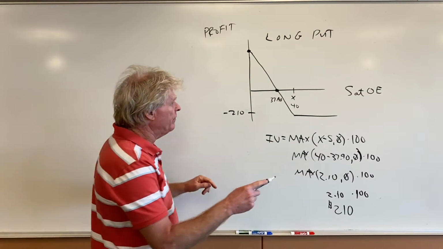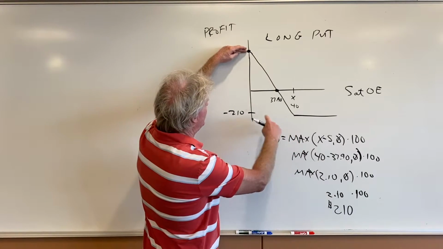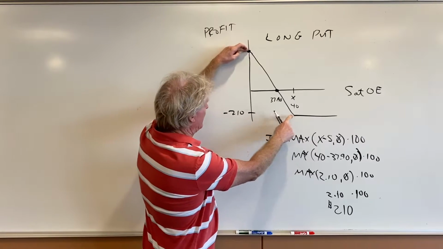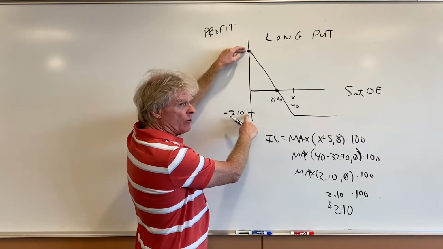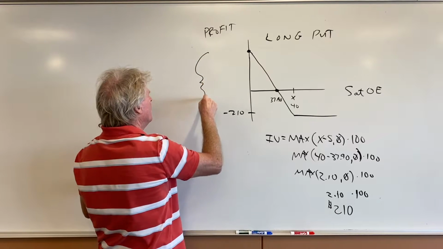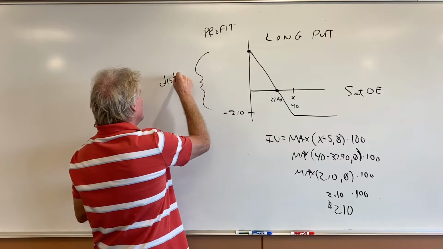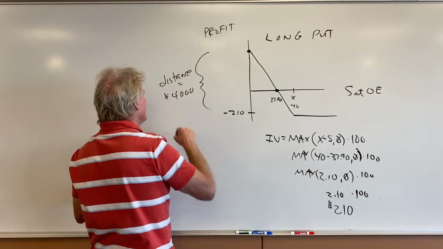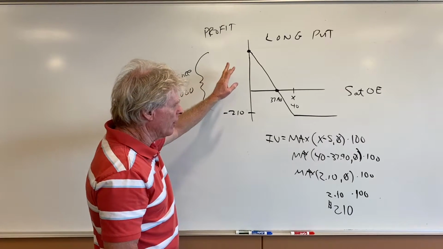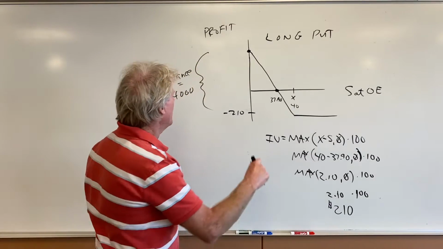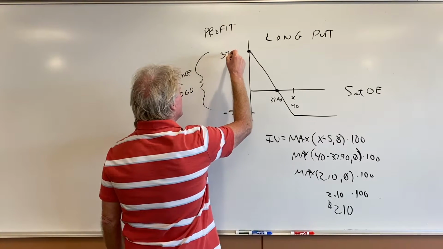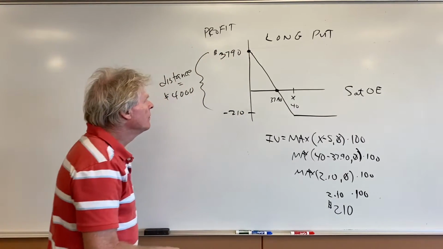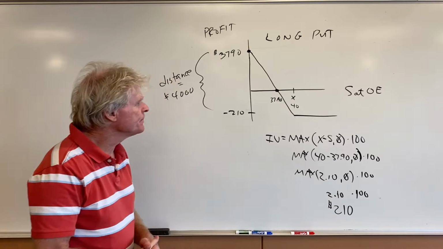And what that really means is the distance between here and here, or here and here if you like that better, but the distance between here and here is $4,000. And therefore we conclude that our maximum possible profit is $3,790. Right? And that's the vertical intercept there.